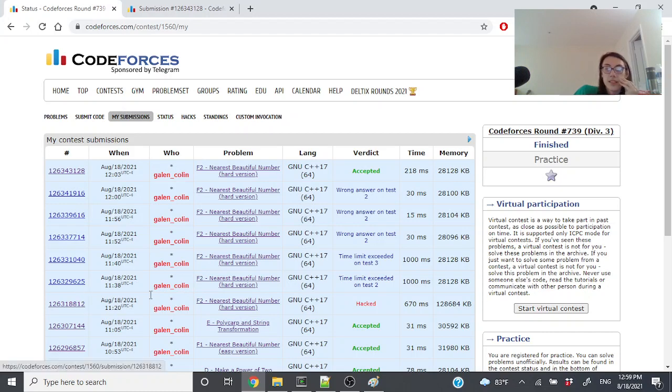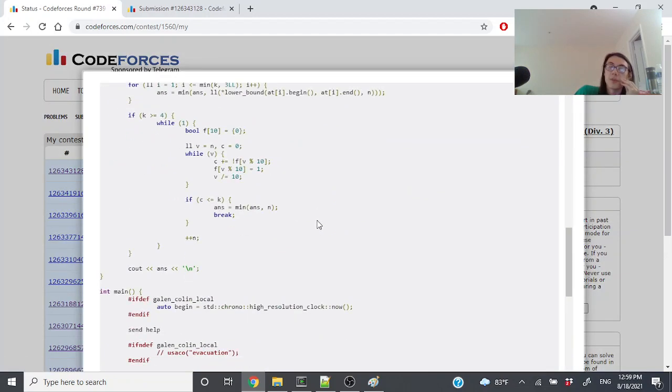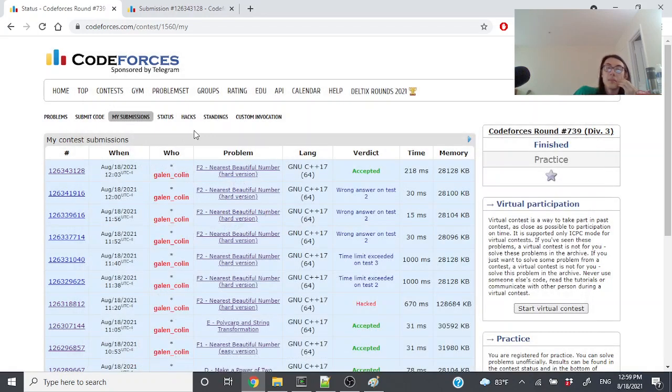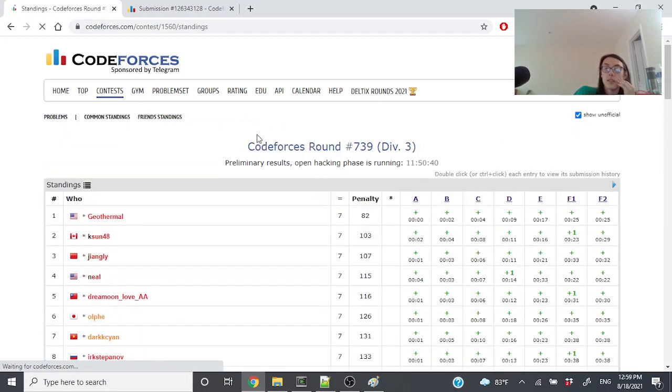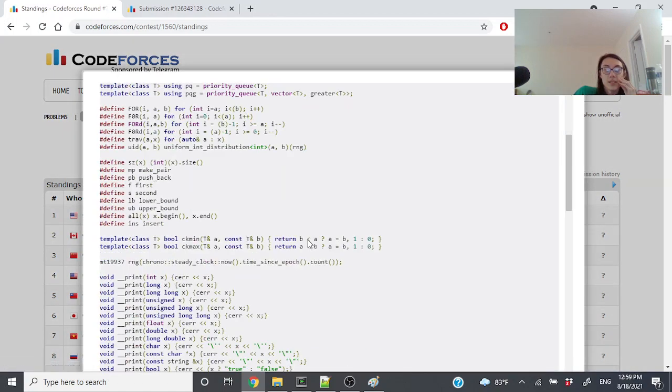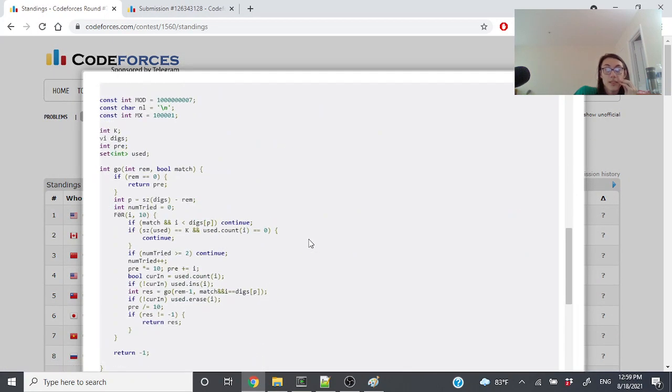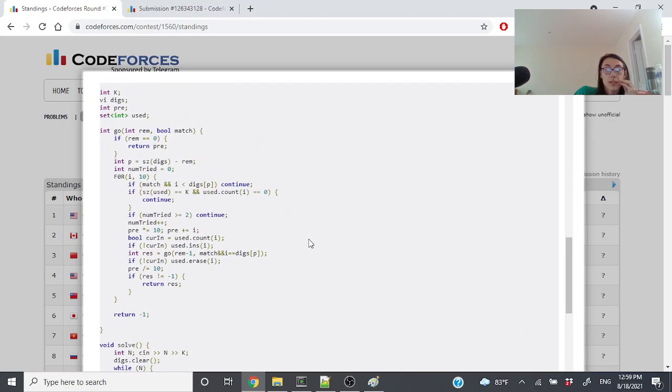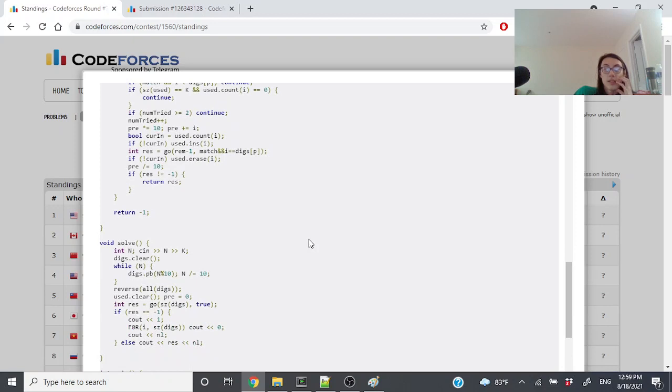So the reason this got hacked is because it did basically brute force for k greater than or equal to 4, but the test didn't catch that at all. I kind of want to see what people did. Was it greedy, or... It's kind of DP-like.